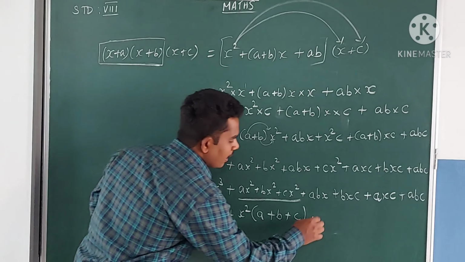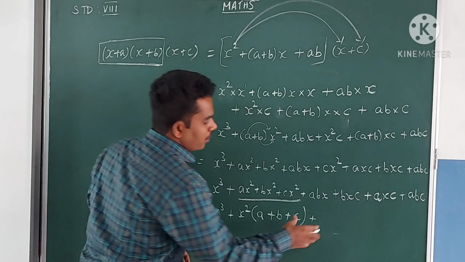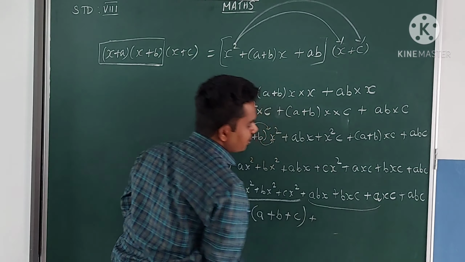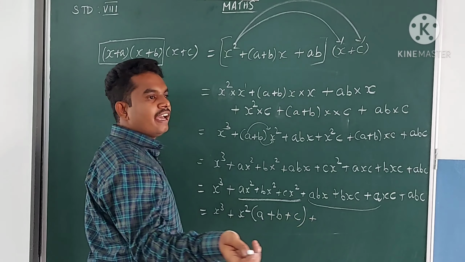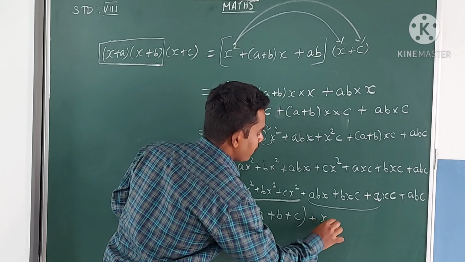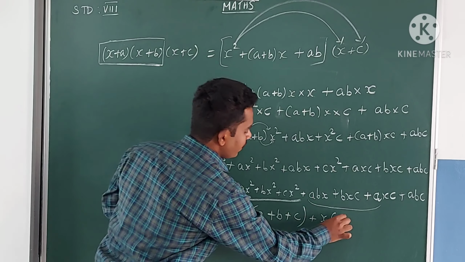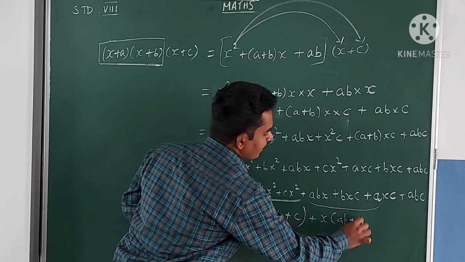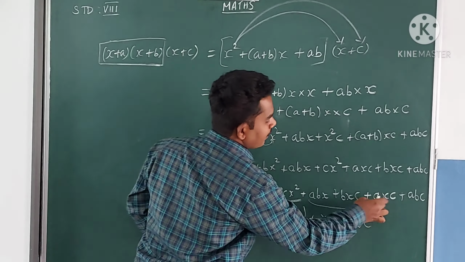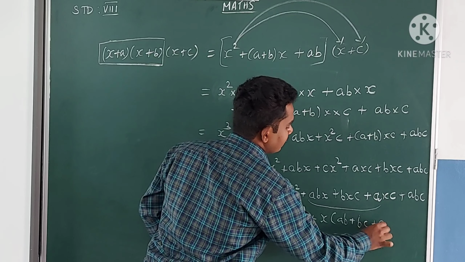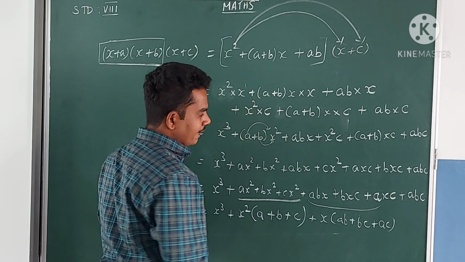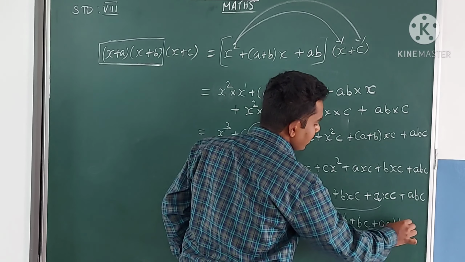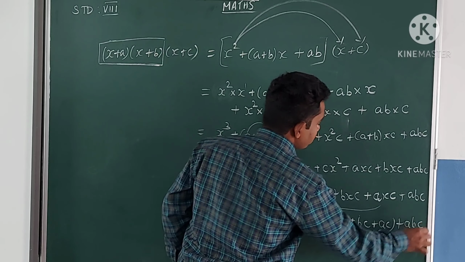Next, in these three terms, we will take x as a common. So here ab, x remaining means bc, and ac or ca, anything. Next, abc is a separate term.